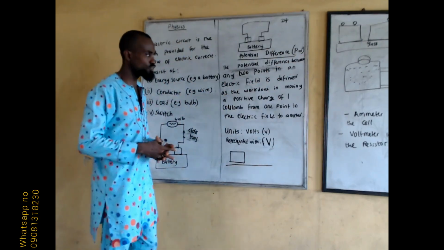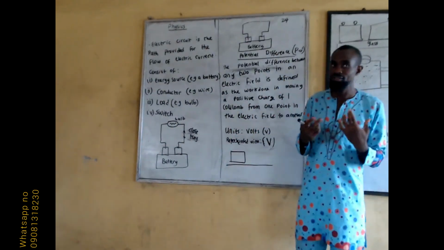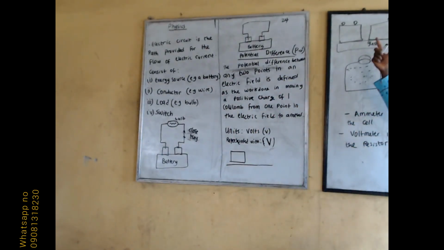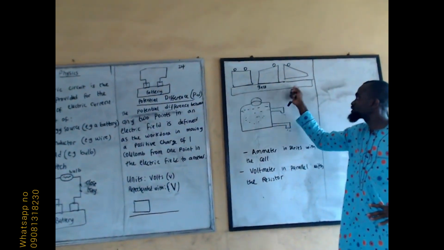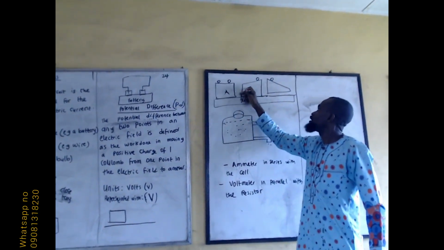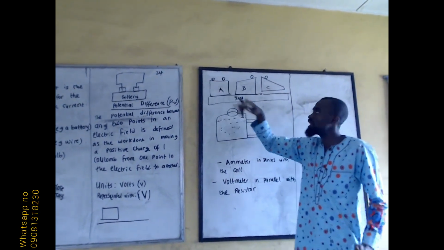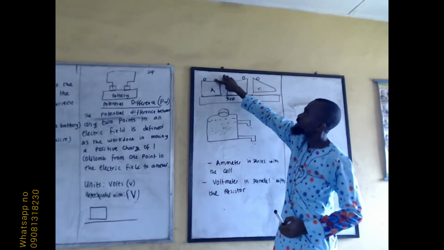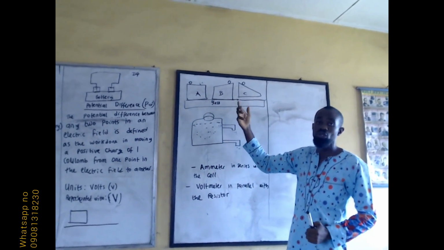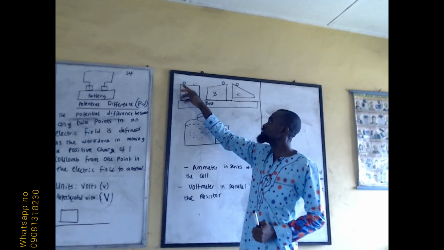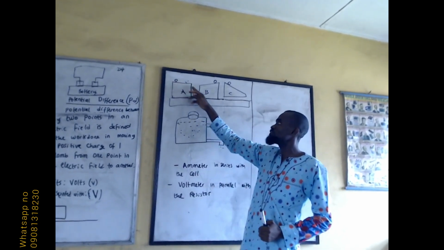Now, what is potential difference? To start, I would like to illustrate with this diagram. For example, you have three blocks on top of the glass, and you put some balls on top of the blocks. If you place a ball here, will it move? Definitely it will not move, because the height is the same on the surface of the blocks.